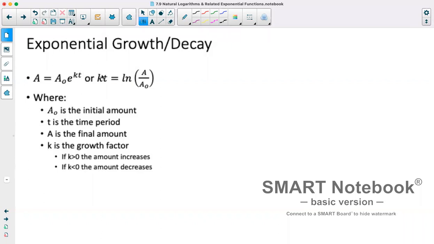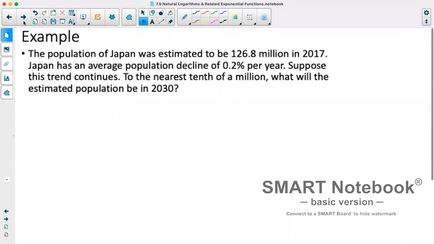Now, this can also be rearranged as our growth factor times time is equal to the natural logarithm of our final population over our initial population. So we'll utilize both these formulas in the next example.